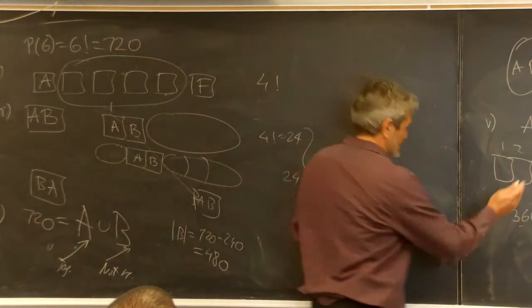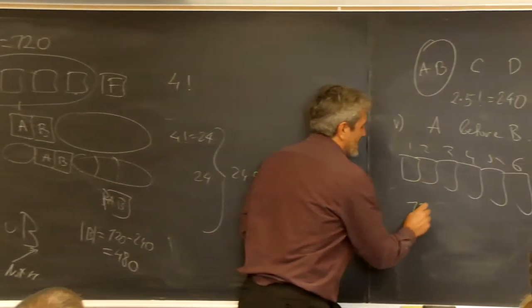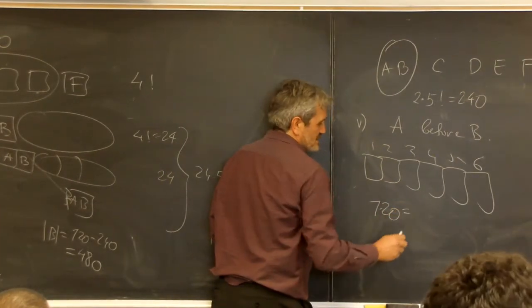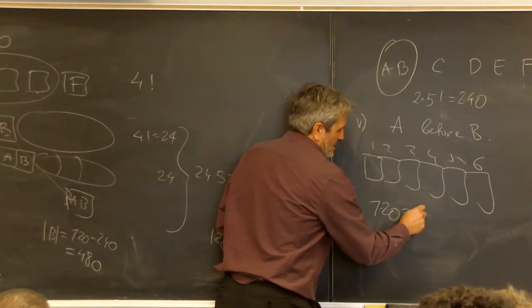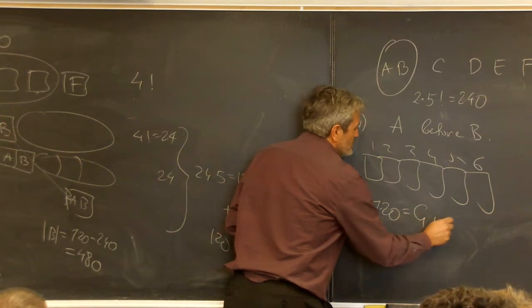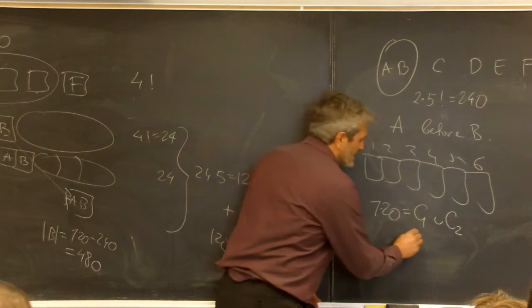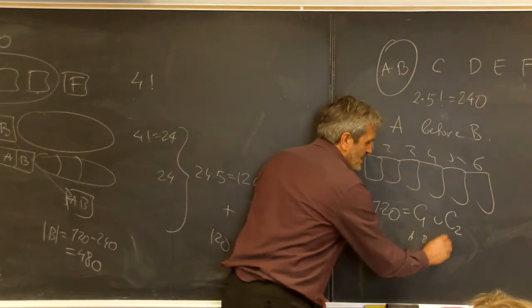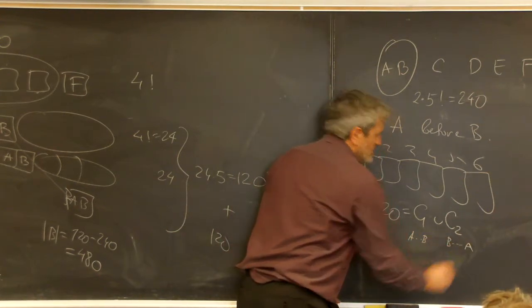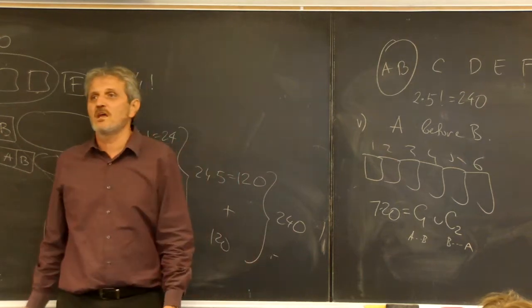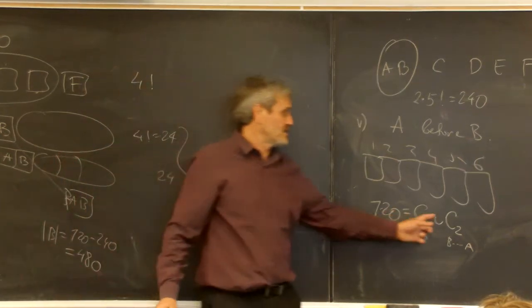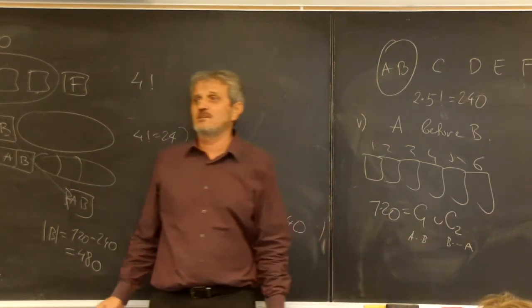So we'll say the following, just a second. We'll say the 720 is, so again, configuration 1 union configuration 2. In configuration 1 A is before B. In configuration 2 B is first and then somewhere later A. Why do these two sets have equal cardinality?